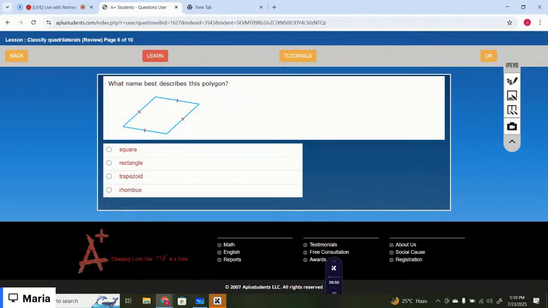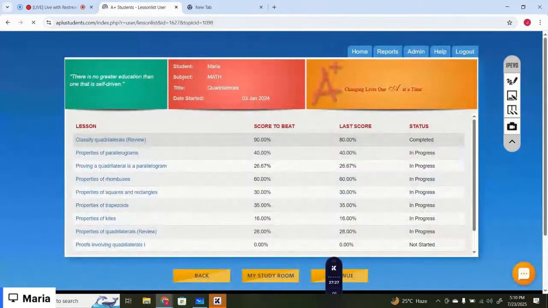What name best describes this polygon? Rhombus it is. Option number four is the correct option. You can complete the lesson by yourself later today. Let me move on to the next lesson.